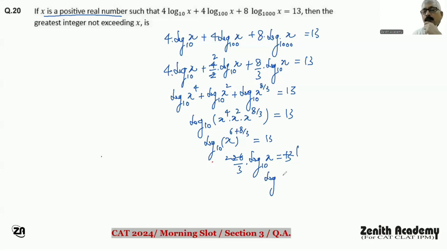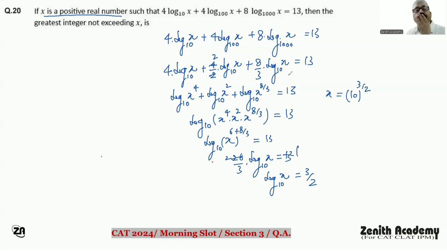So this is log of x base 10 is equal to 3 by 2. Okay, we need to find the value of x. So here x is equal to 10 to the power 3 by 2.